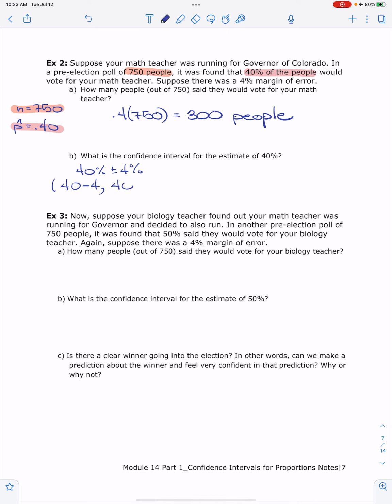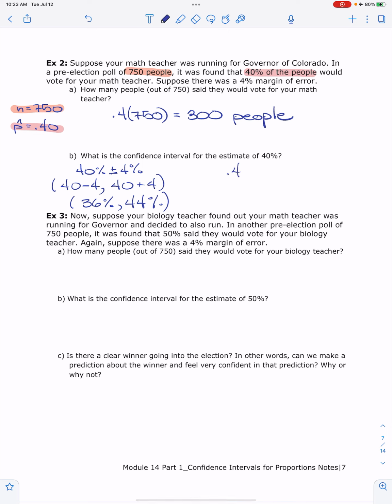And then we go 40 plus the 4 to get the upper bound. That is what this symbol means, plus or minus. So we're going from 36% to 44%. Notice how I had those percent symbols at the top and the bottom. I left them out in the middle step. That was kind of a work step. Just don't forget those in your answer.